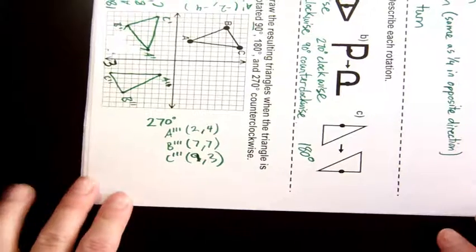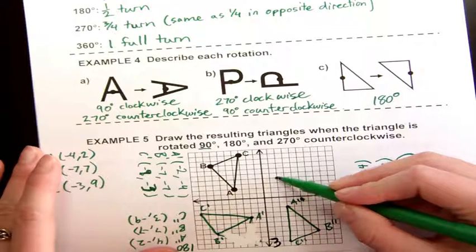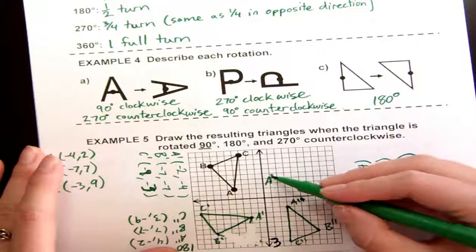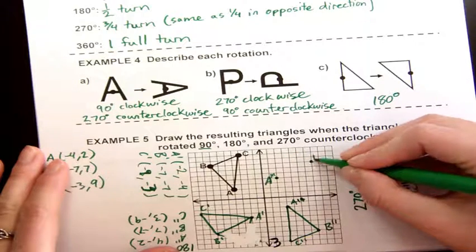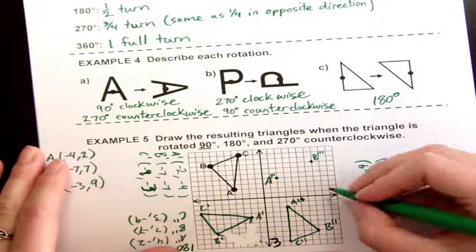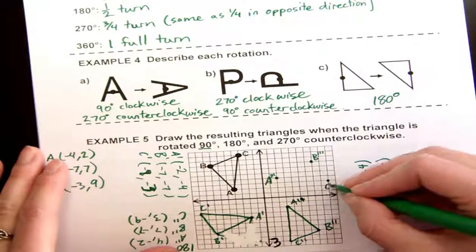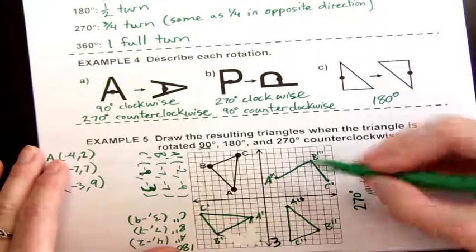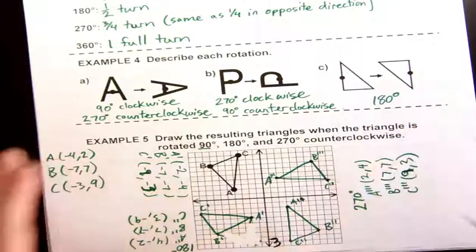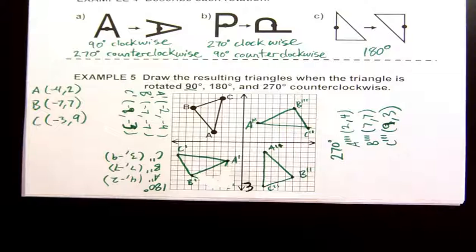Okay. And so then we just flip it back and plot those last 3 points. And then we look at our drawing. Does it look like you've rotated it correctly all the way around?